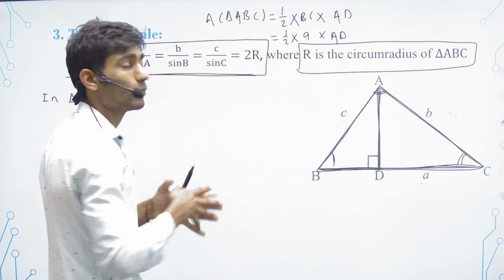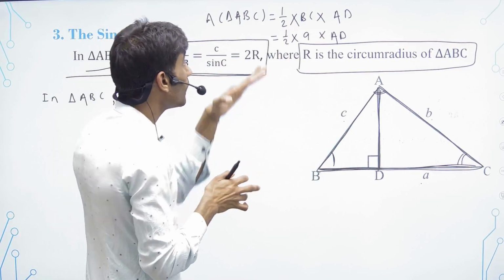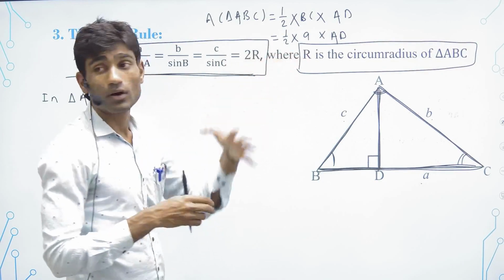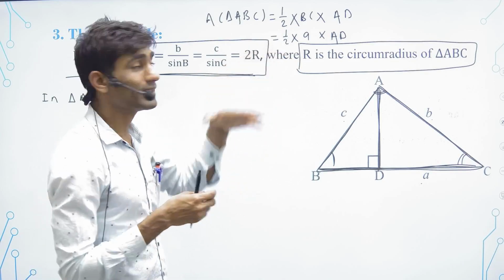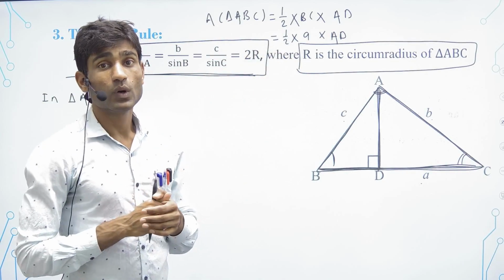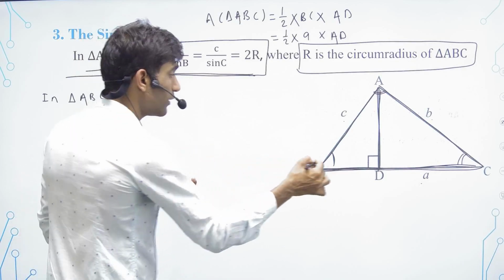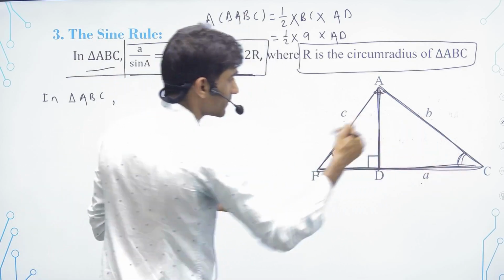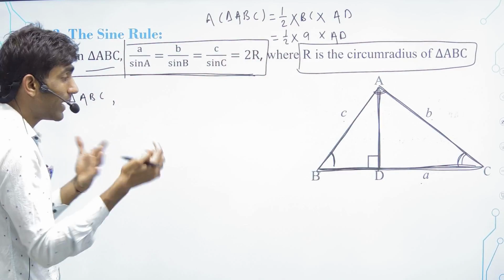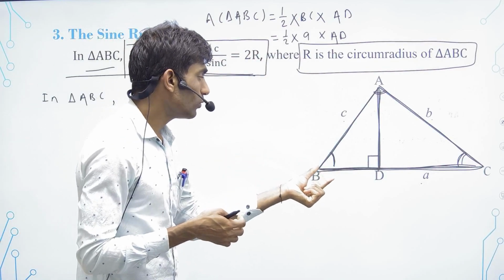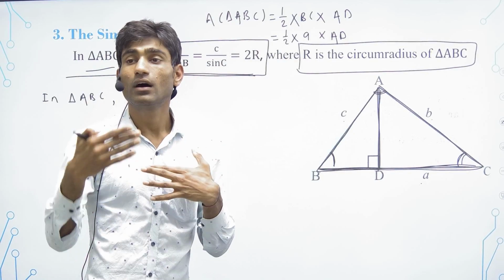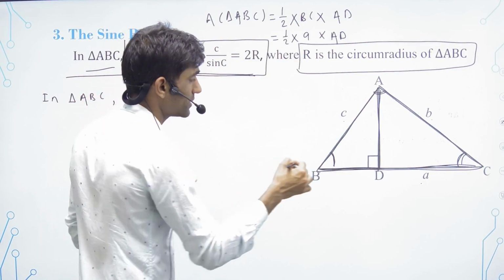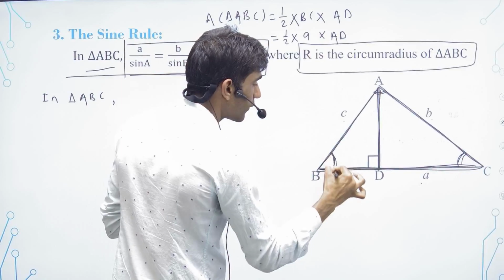So I got the area of triangle ABC. Using that result, we'll go for the complete proof. First of all, apply the sine rule for angle B and angle C. The sine rule says that sine of an angle is the opposite side for that particular angle divided by the hypotenuse. What is the opposite side for angle B?